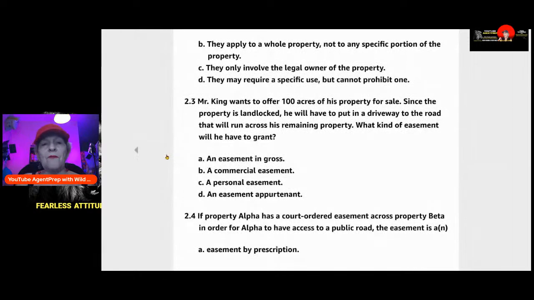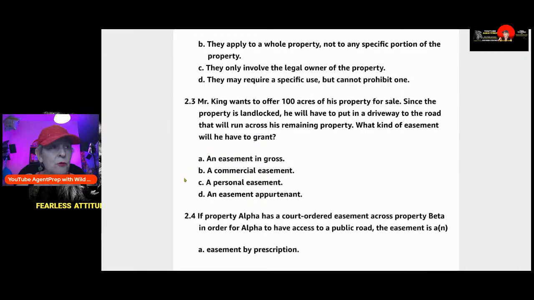Mr. King wants to offer 100 acres of his property for sale. Since the property is landlocked, what does landlocked mean? Somehow the land is locked, so there's no access. He will have to put in a driveway to the road that will run across his remaining property. What kind of easement will he have to grant?